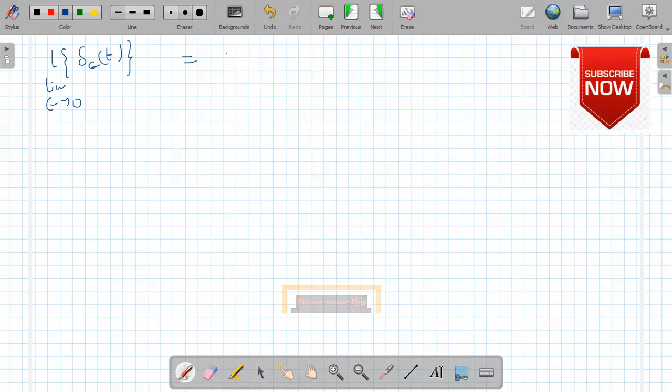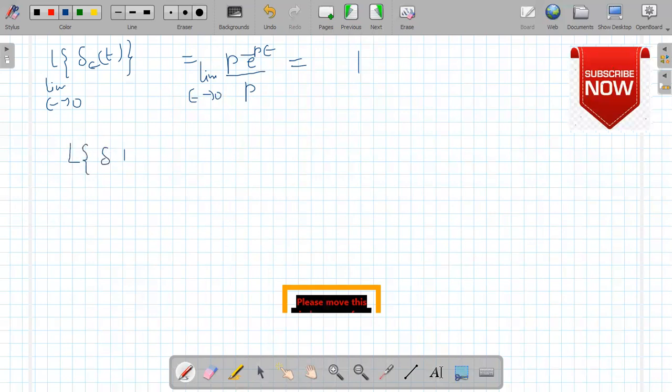It is p e to the power minus p epsilon whole divided by p. So when you take the limit, it will be 1. So the Laplace transform of delta t will be 1.